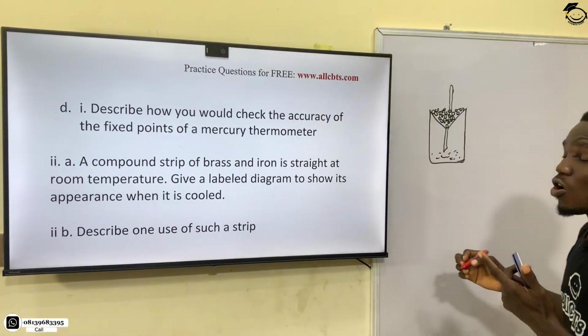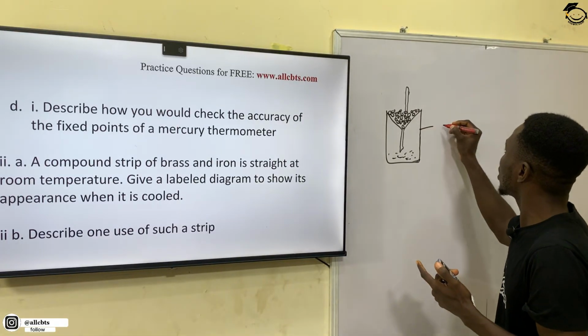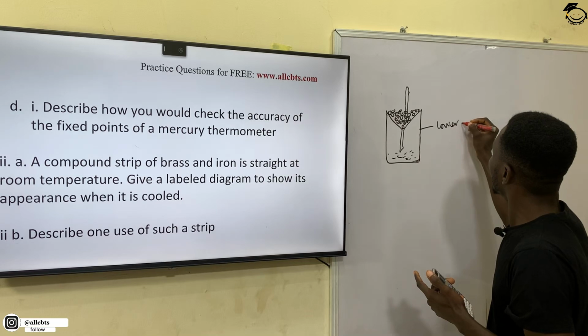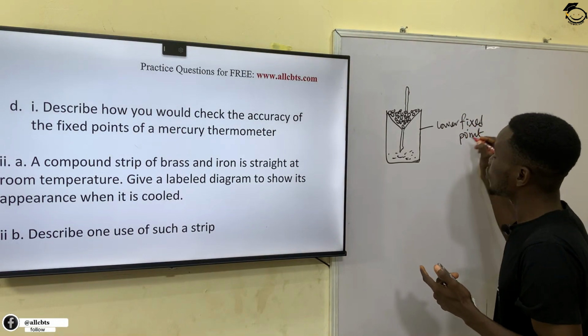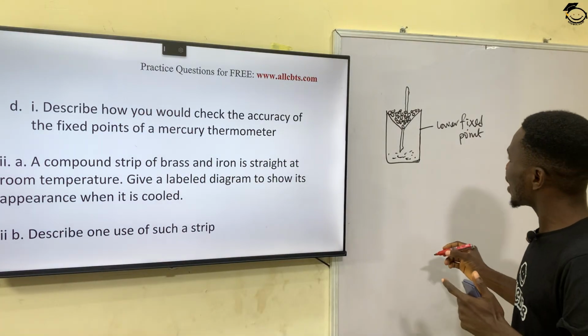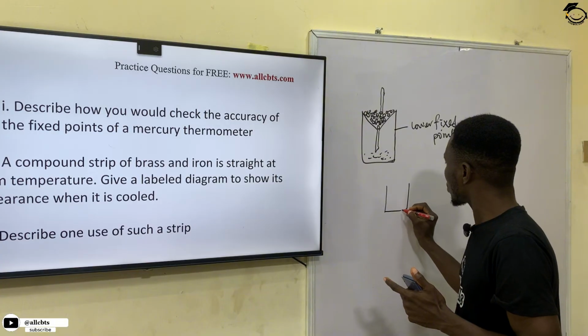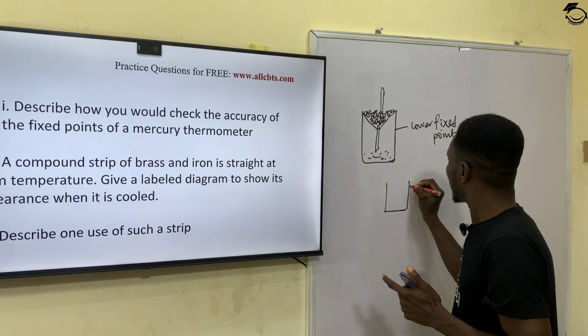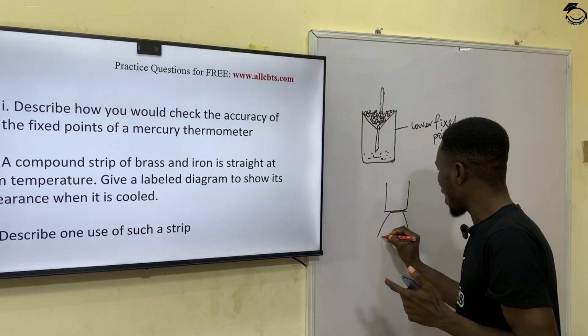So this is for checking the lower fixed point. In order to check the higher fixed point of this thermometer, you take a beaker of water and you put it on your tripod stand and you heat it.